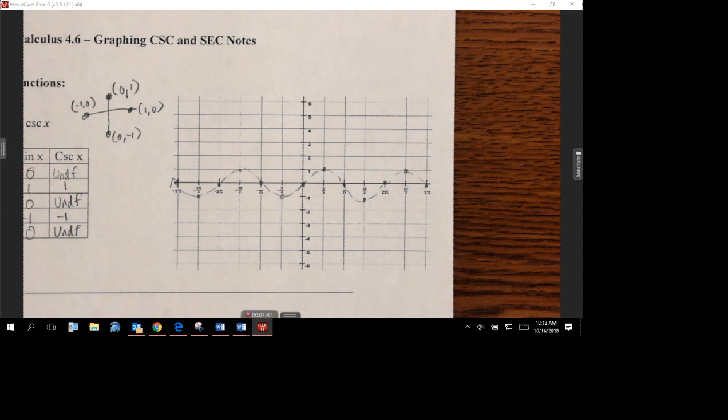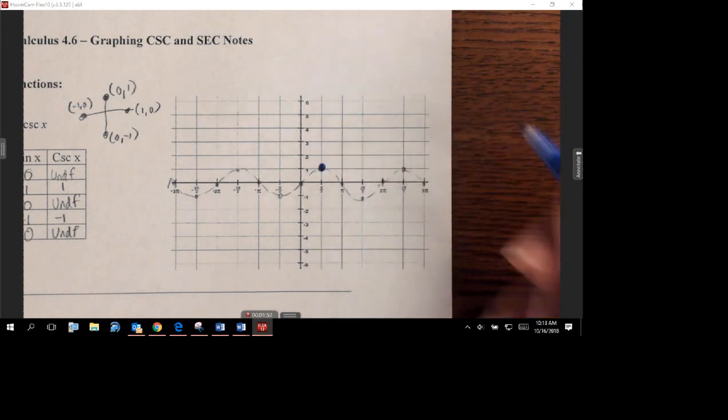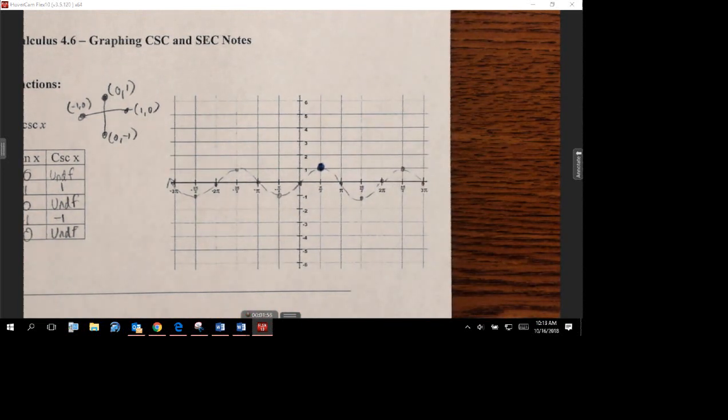What you notice is, at pi over 2, we have the exact same answer that we had for sine and cosecant. So pi over 2, that point is still the same point.